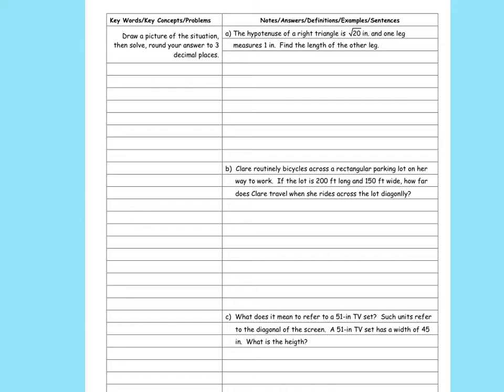Okay. So A is my side length is 4.359 inches. Make sure that when we're answering a story problem and it has units in there, our answers need to have units in there.